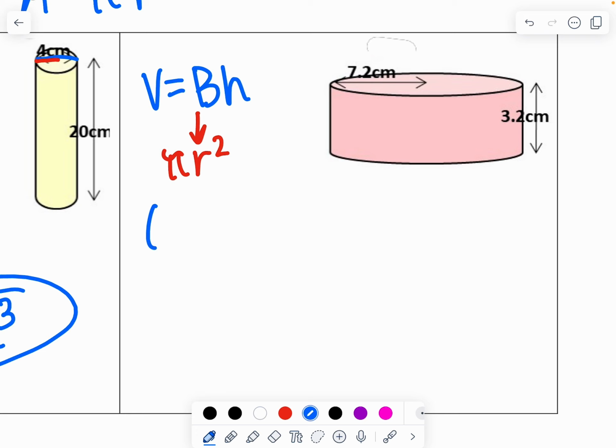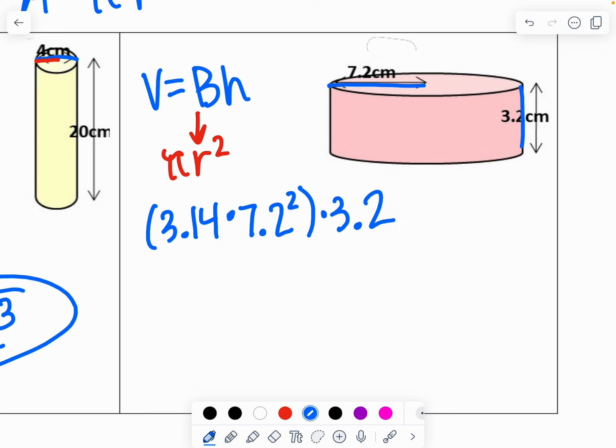So pi is 3.14 times our radius, which is 7.2. We don't need to divide it by 2 or anything. So we get 3.14 times 7.2 squared, and you multiply it by your height, which is 3 2/10. And then you solve that.